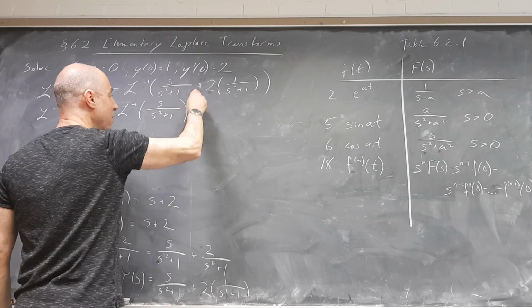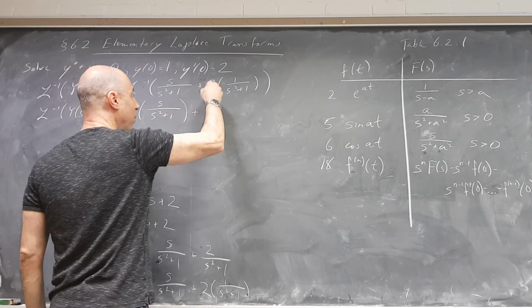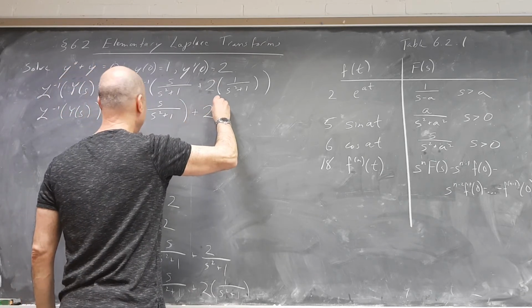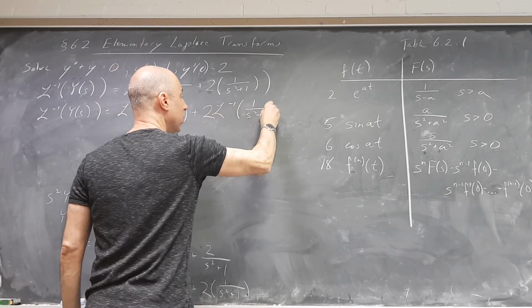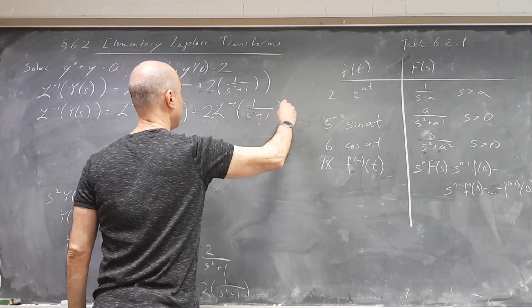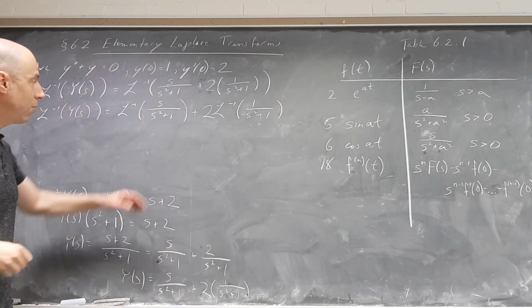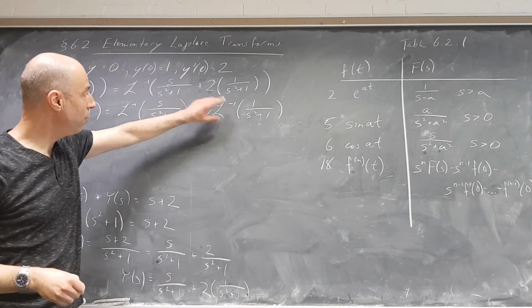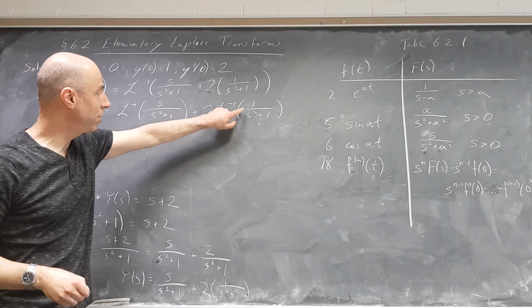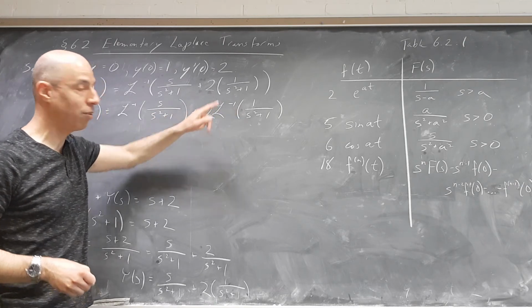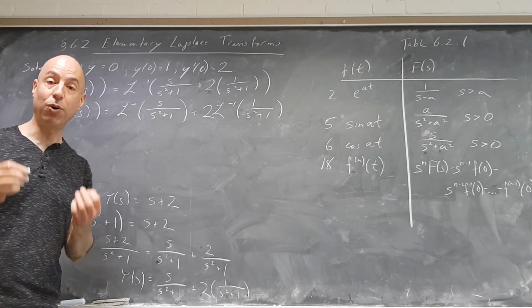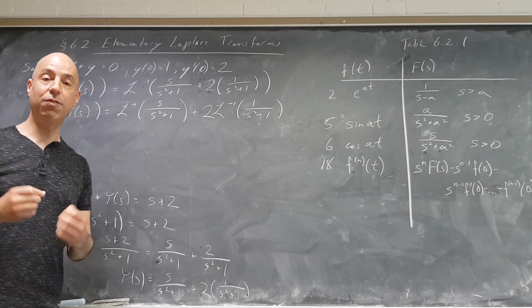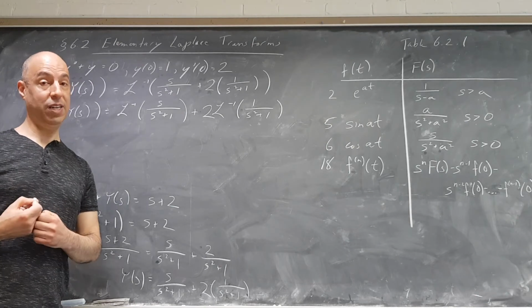We can break it up over that plus sign, and we can pull the 2 out in front of the inverse Laplace transform. So all we did is we pulled the 2 through the inverse Laplace transform. Instead of sitting right in front of the fraction, we could pull it right through. You could do that with a Laplace transform or the inverse Laplace transform, because both are linear.